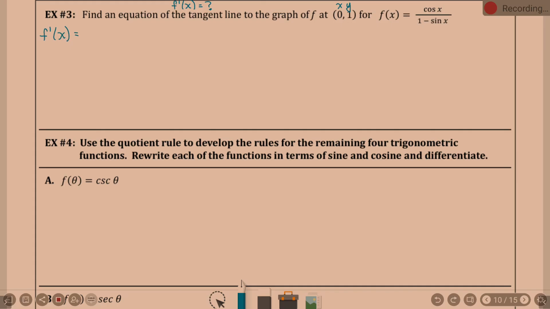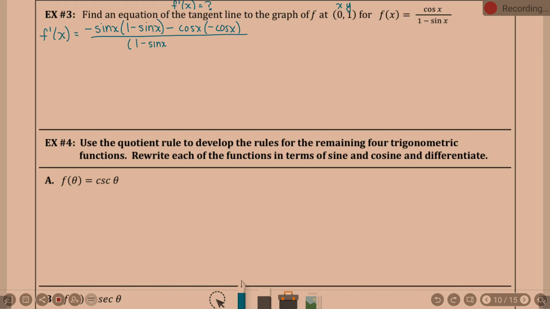It's going to be negative sine of x times 1 minus sine of x, minus cosine of x times negative cosine of x, all over 1 minus sine of x quantity squared.